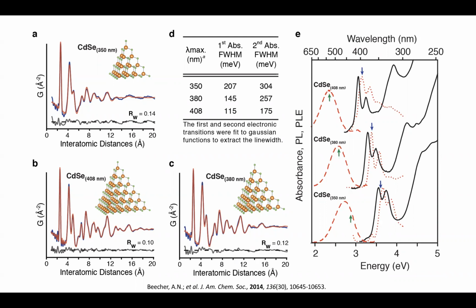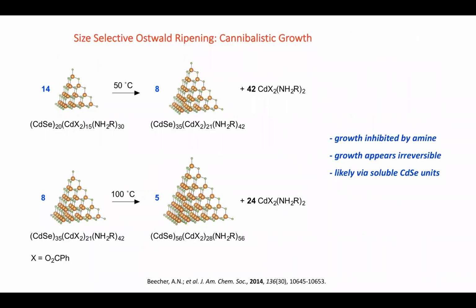All right, so back to the growth mechanism. If you look at these reactions, this object here, we determined the empirical formula of that crystal. It has 15 cadmium benzoates and 30 primary amines. And when you heat that crystal, the one that we have the single crystal X-ray structure of, to 50 degrees, you produce another object that looks like that. Now, if you do the math on the stoichiometry of this interconversion, 14 of these crystals turn into 8 of those.